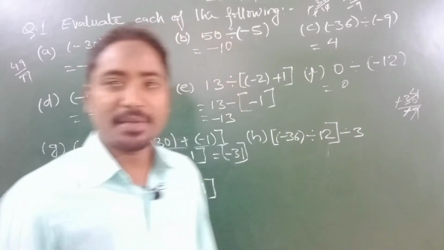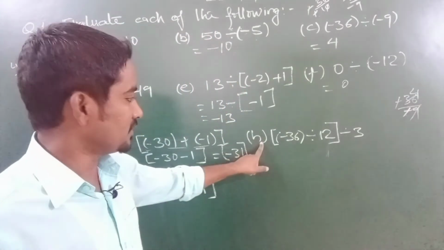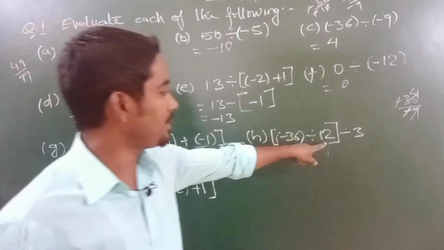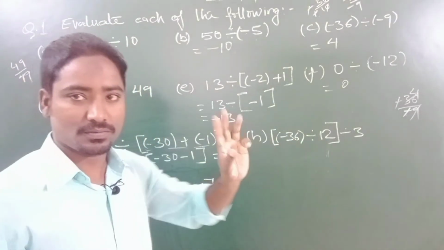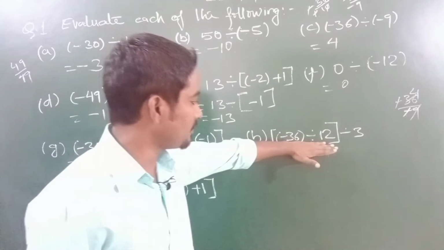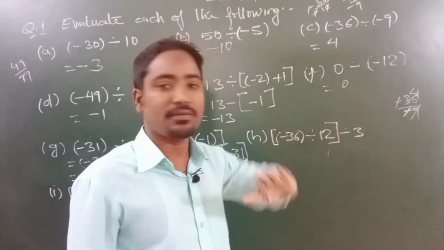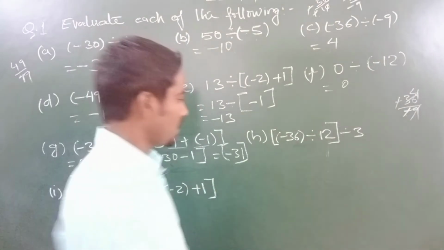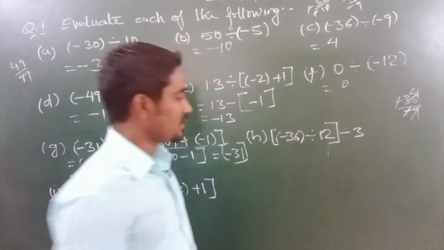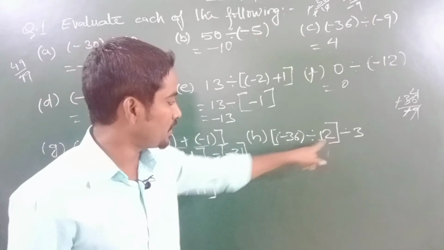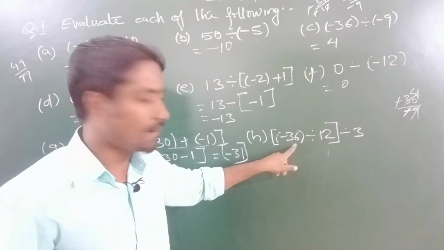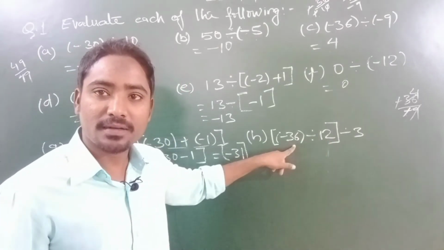Okay, now coming to the next question, students, H. Again here we have a bracket. Actually two steps are there. First we will solve this bracket, and then whatever result we get, we will divide it by 3. So first we will divide minus 36 by 12. We know 12 threes are 36, so after dividing we get 3.